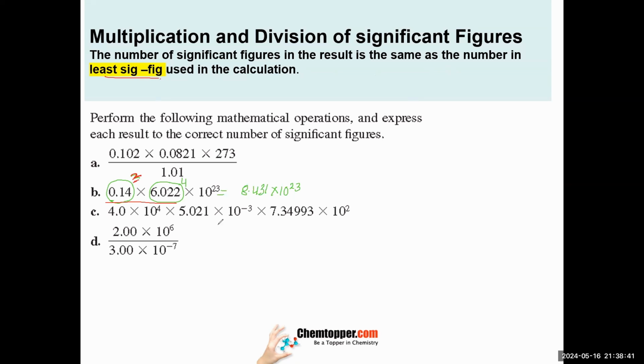So I have to make this answer in only 2 significant figures, which means I have to drop this 31. 31, 3 is less than 5. No change. Rounding off rule. And it becomes 8.4 times 10 raised to power 23.